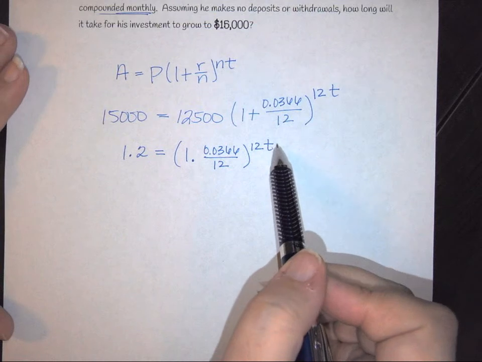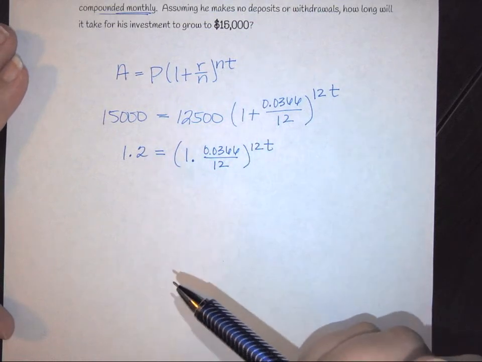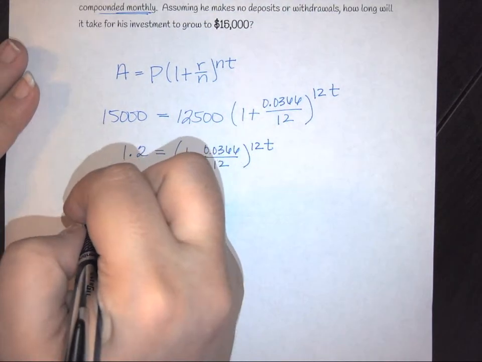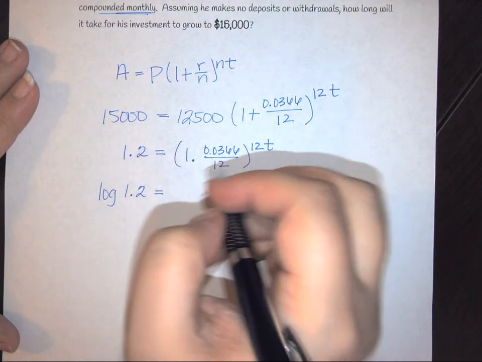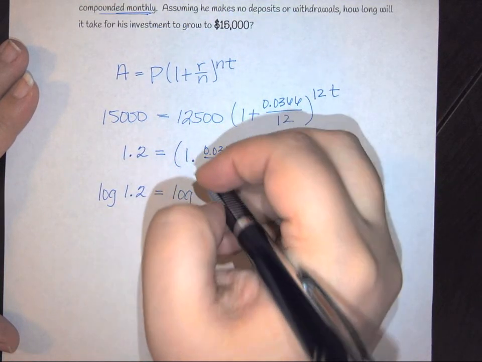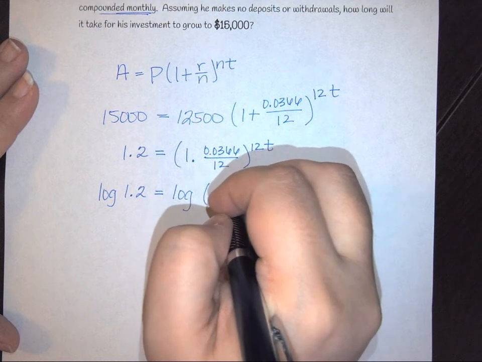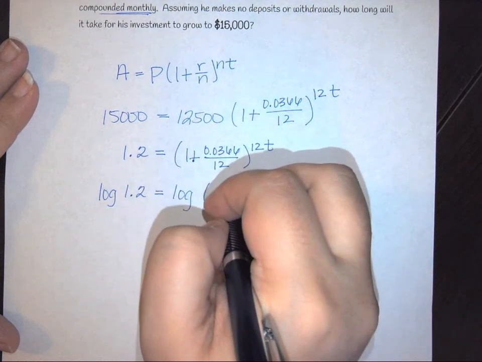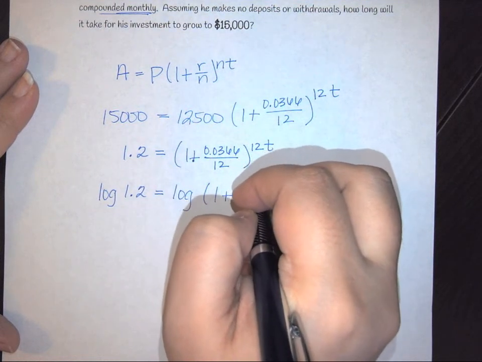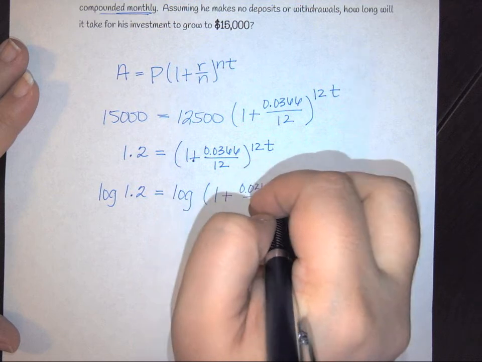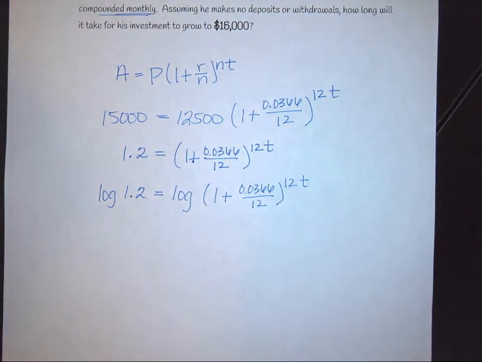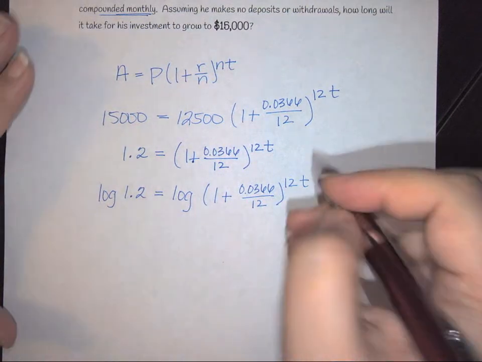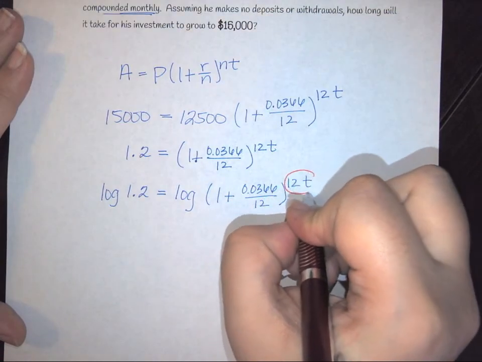In order to pull this down, you need to take the log of both sides. So this becomes the log of 1.2 is equal to the log of my stuff, 1 plus 0.0366 all over 12 raised to the 12t. Now we can apply our power rule. So my power rule sits right here.